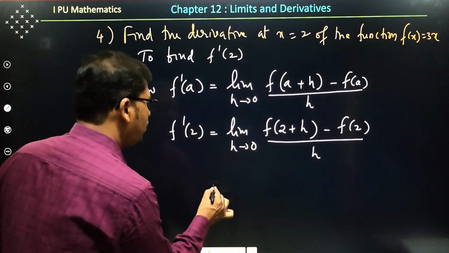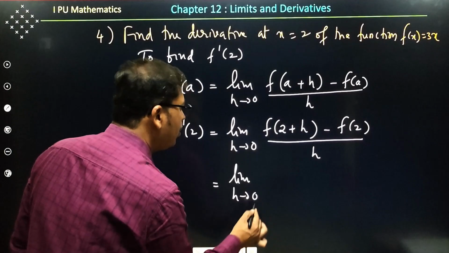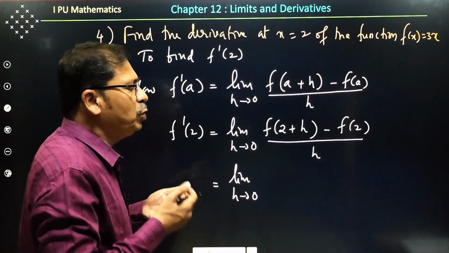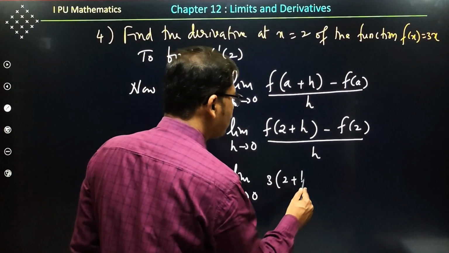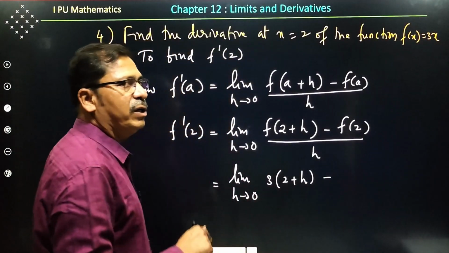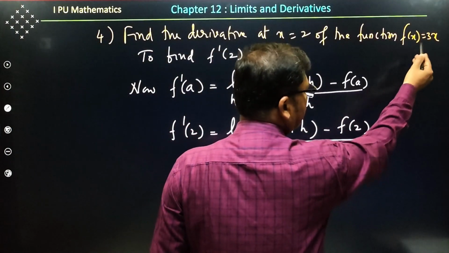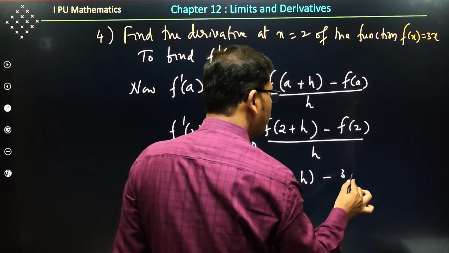Now let us substitute the values in the given function. Limit h tends to 0. f of x is given by 3x. So f of 2 plus h is given by 3 into bracket 2 plus h minus f of 2. If f(x) equals 3x, where x is there, you put 2. So 3 into 2 you are getting here.